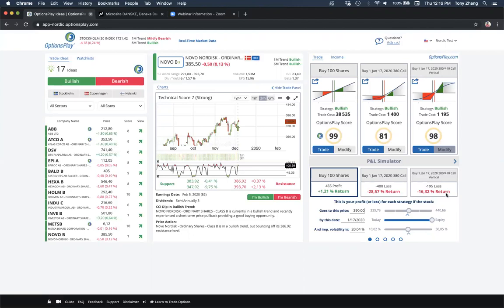But this is the trade-off that you have when you're trading these types of strategies: not only do you have to get the direction correct, you also have to get a fair enough move in one direction. So here, as you can see, this has to go from 385 to, let's say, maybe 395. Yeah, so about 395, now you start making some money. So this stock needs to move about 10 crowns higher in order for this strategy to make money.